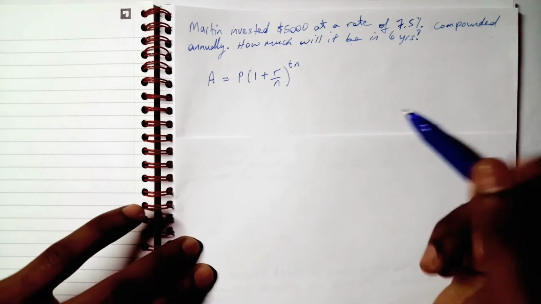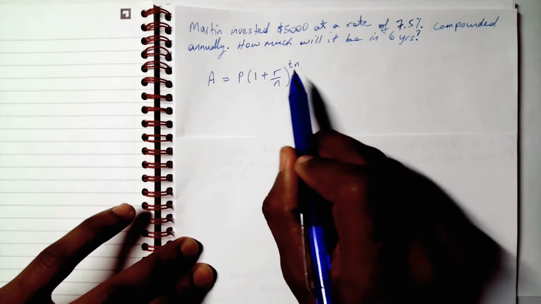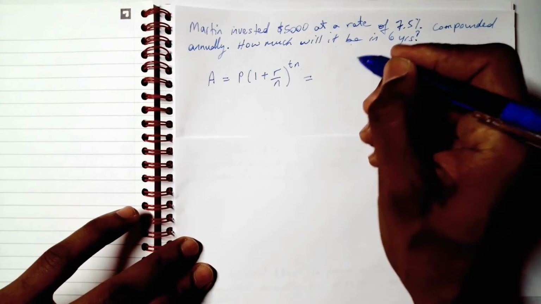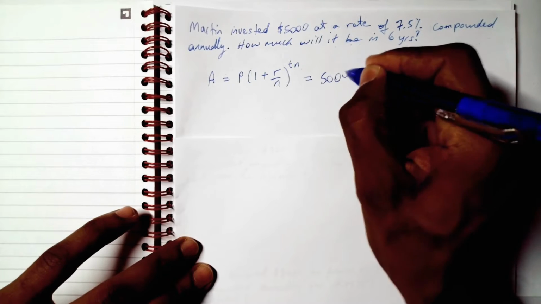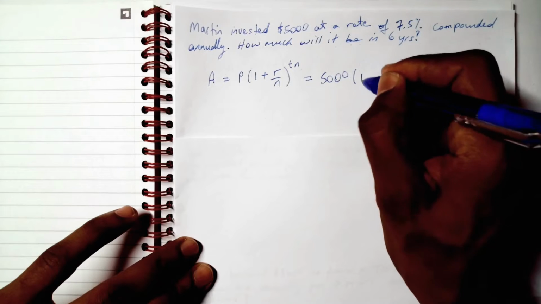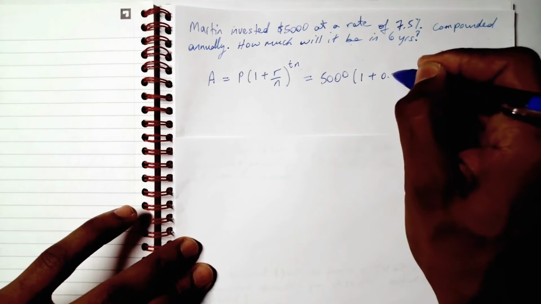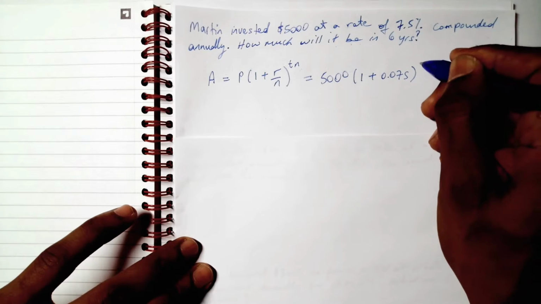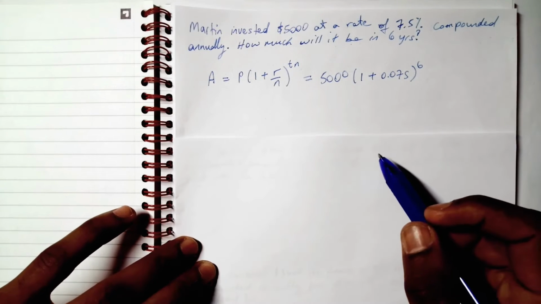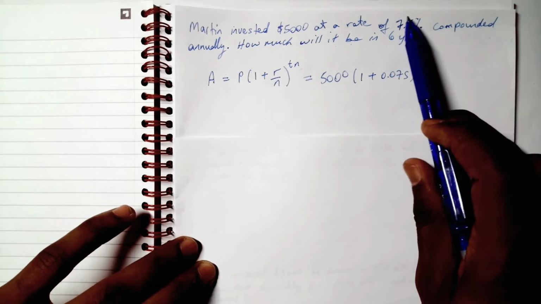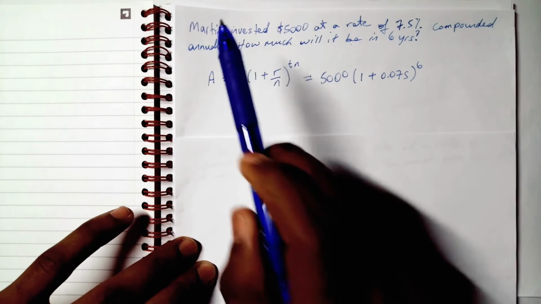All right, so let us now proceed with plugging in our values. P would be 5,000, and 1 plus 0.075 raised to the power of 6. And recall, n is 1 because the interest rate is compounded annually.